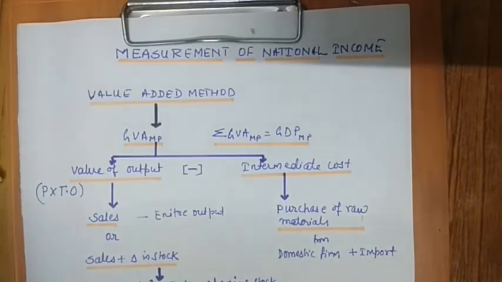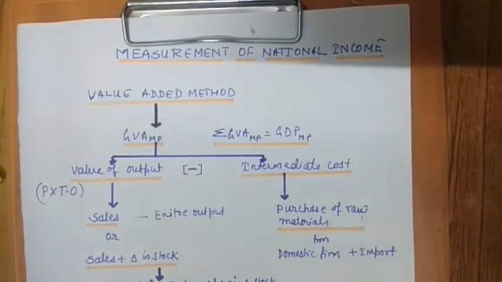Next, sales also includes domestic sale plus export. Please make a note. If sales is given to you, you will not take domestic sale or export. This will be taken up only if sales is not given to you.